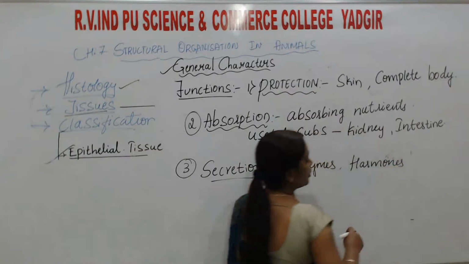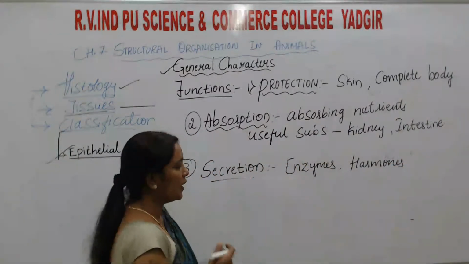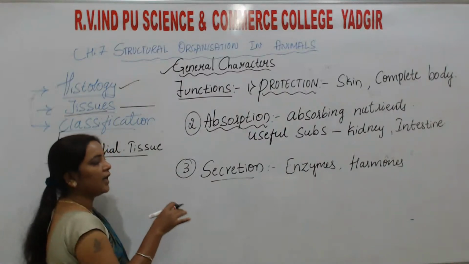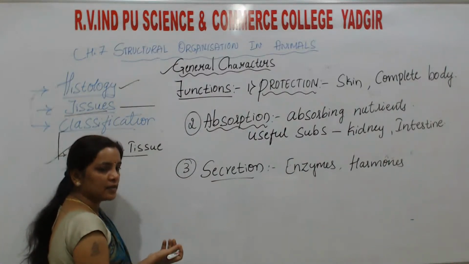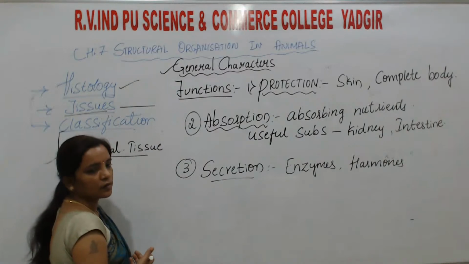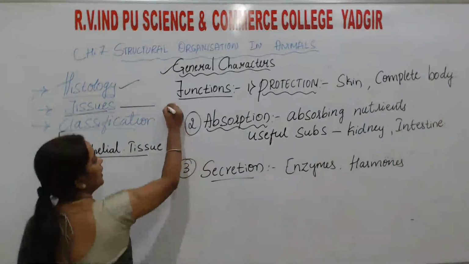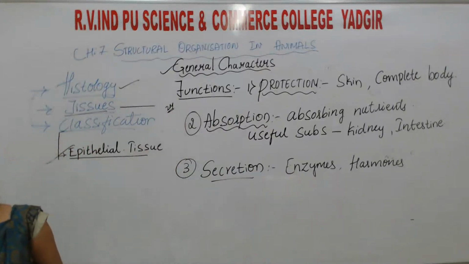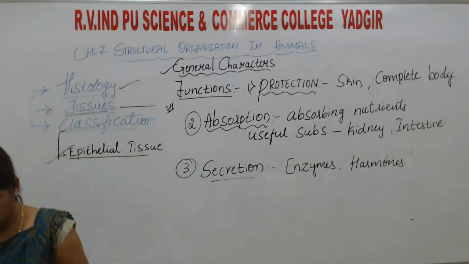Some glands are also lined by epithelial tissues, so they are capable of secreting enzymes and hormones. They may ask you these functions for 2 or 3 marks.